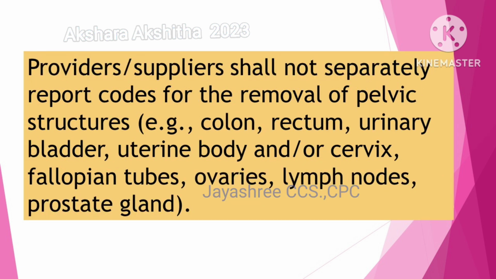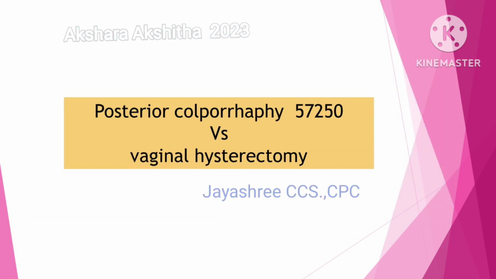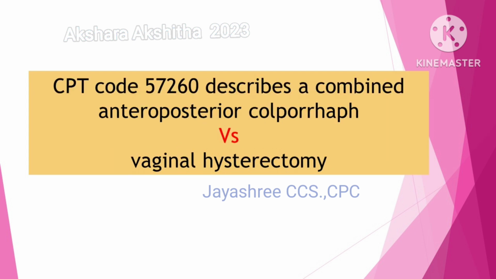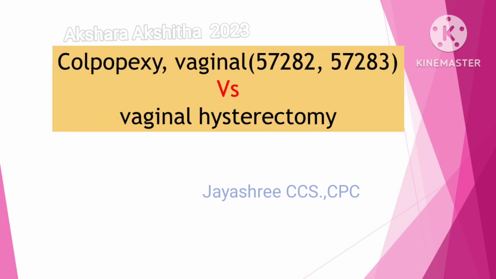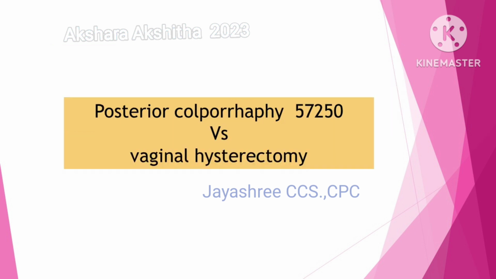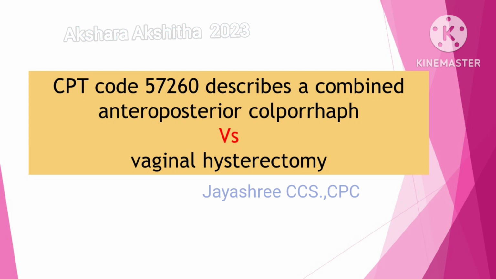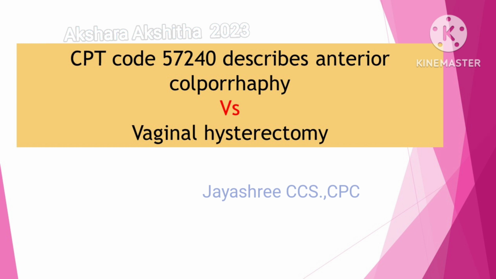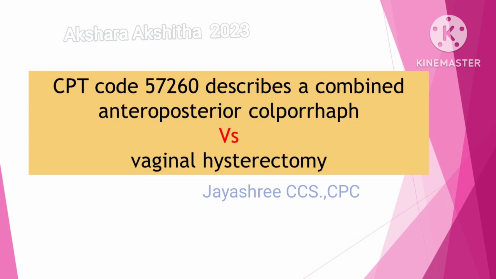Okay. The next point is 57250, colporrhaphy. We have three CPT codes: 57250 is posterior colporrhaphy, 57240 is for anterior colporrhaphy, and 57260 is for combined anterior-posterior colporrhaphy. This colporrhaphy procedure, including perineoplasty, is performed if the vaginal hysterectomy is accompanied by additional dissection to repair the rectocele or the cystocele.